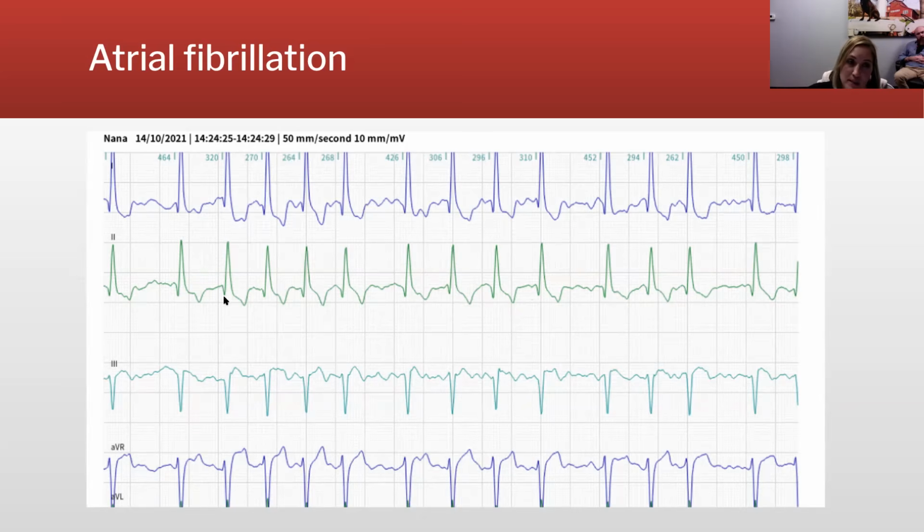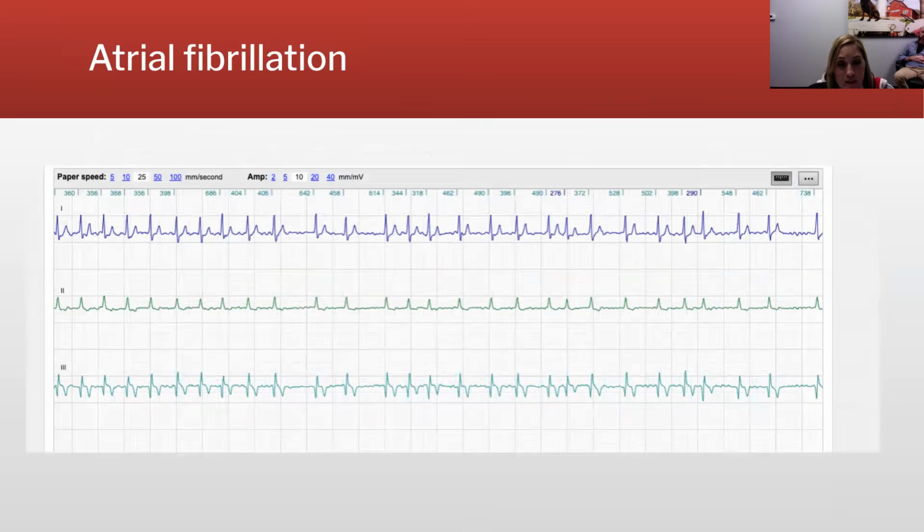The QRS complexes still look relatively normal, upright. They might be a little wide, but they're still upright. And again, the RR intervals are irregular: that's pretty long, and then it gets shorter, and then long again, and shorter, and then longer here. So there's no predictability to it.